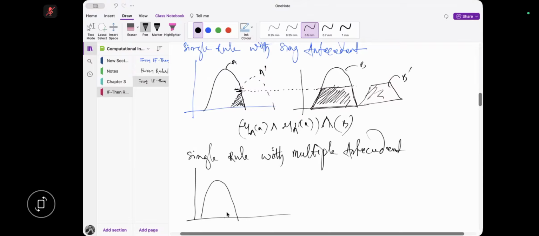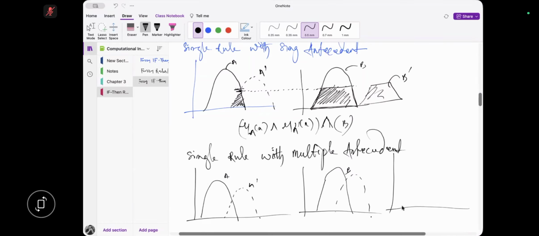One is A, then I have taken B, then we have taken C. So we'll take this point and plot over here, take this point and plot over here. Whatever is maximum, it will take. This is A, B, B dash, C, then this part is C dash. This is how you calculate single rule with multiple antecedents.